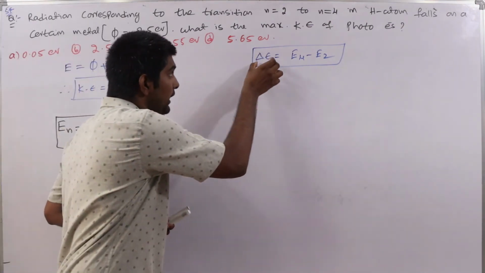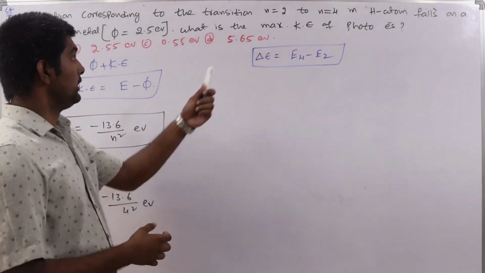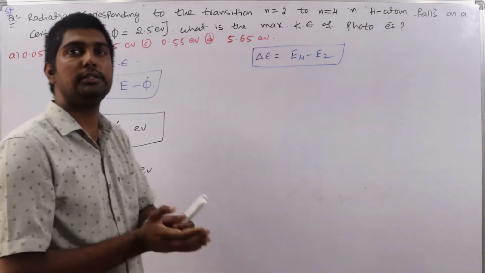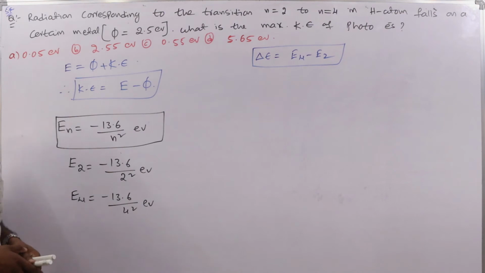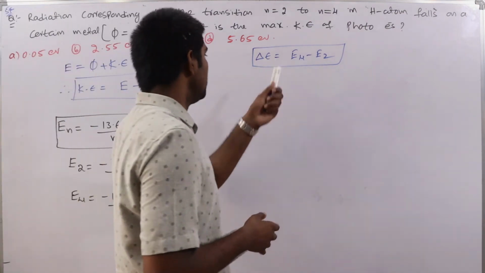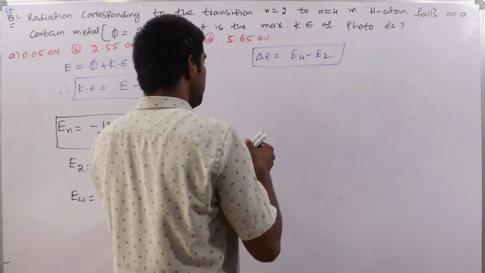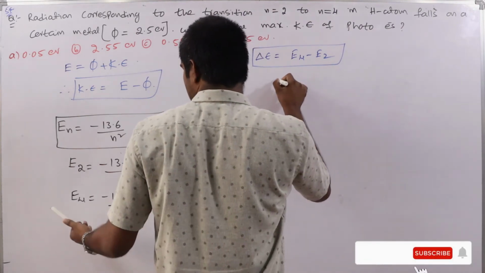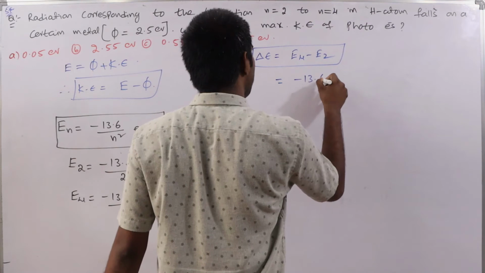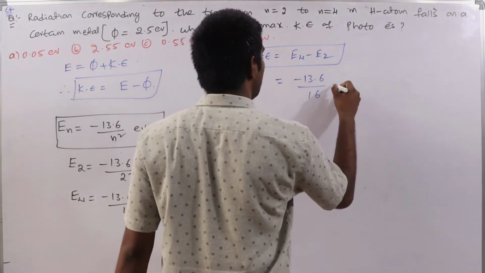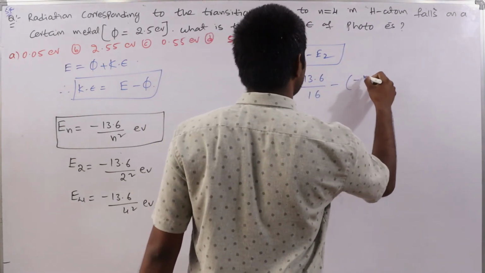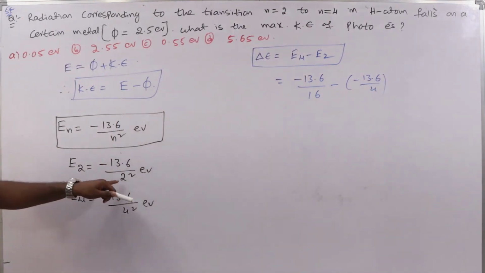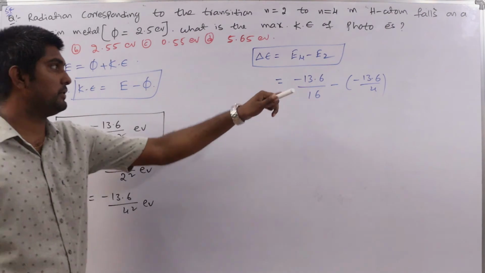This much amount of energy is falling on the metal surface, so we have to calculate that. E4 minus E2: E4 is minus 13.6 by 16, minus of minus 13.6 by 4. 2 square is 4, 4 square is 16.